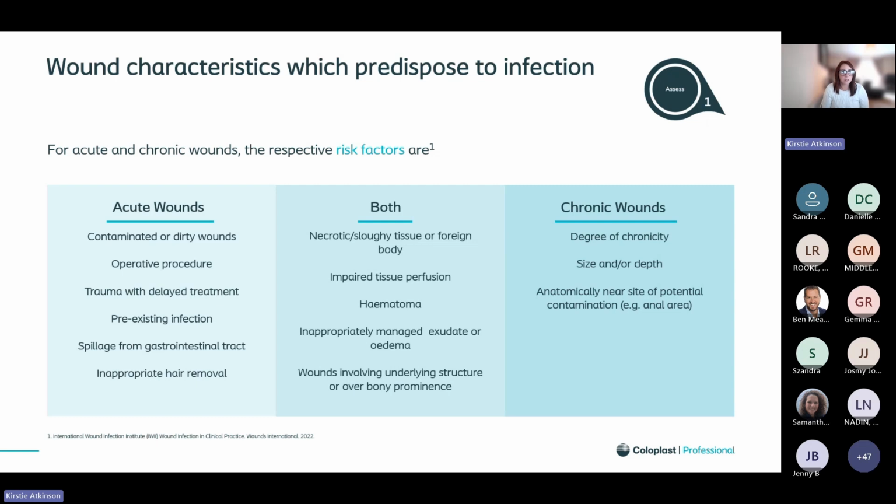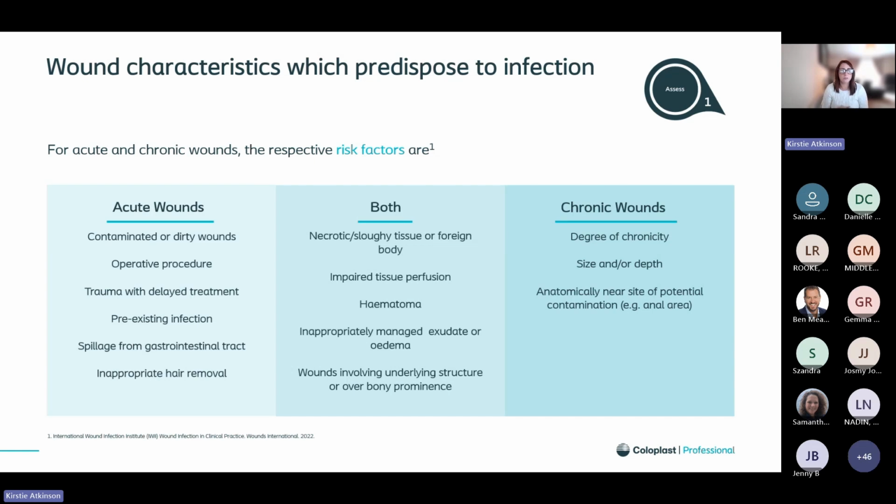If there's any trauma with delayed treatment, because you're not cleaning the wound, anything could be in there causing an infection and getting deeper into the wound. If they've got a pre-existing infection anywhere, as we'll get onto when we get to the continuum, and as I said, it's your host response that determines how a wound infection comes about anyway.